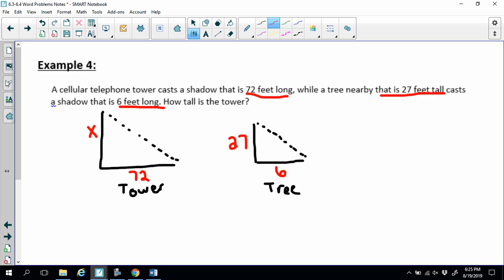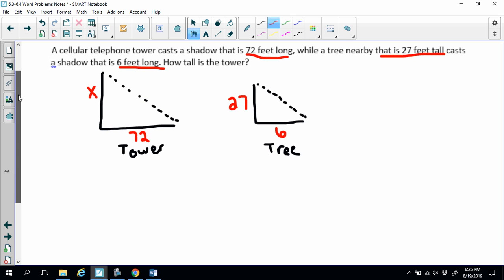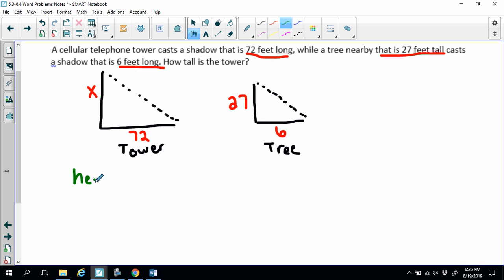Okay, so hopefully you paused the video, you tried it on your own. Let's see if you got the answer correct. So for our proportion, we are going to do, let's just say the height of the tower, since that's already X. So we'll do height, tower. Remember, we need to do the corresponding side, so whatever is the height of the tree. So height goes over height.